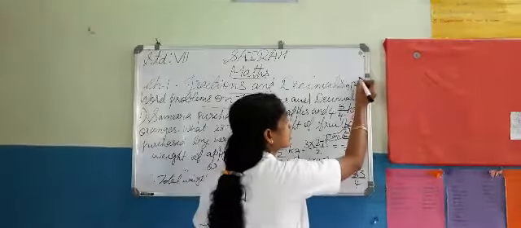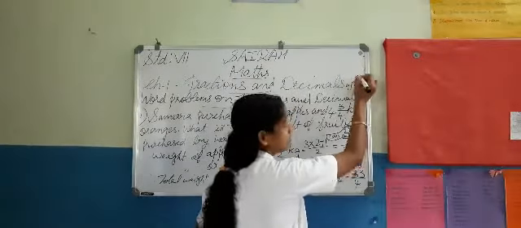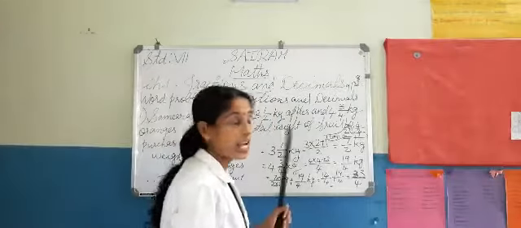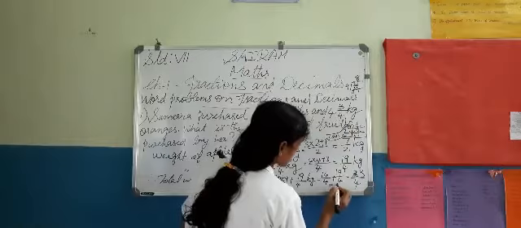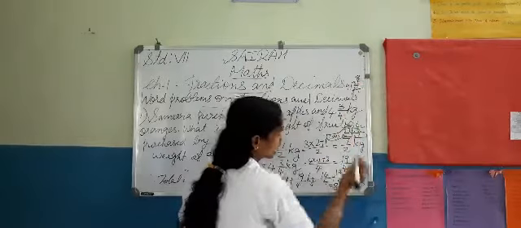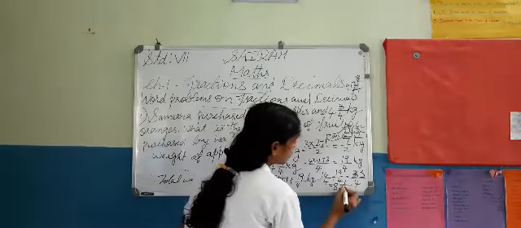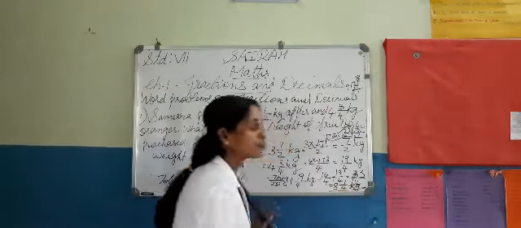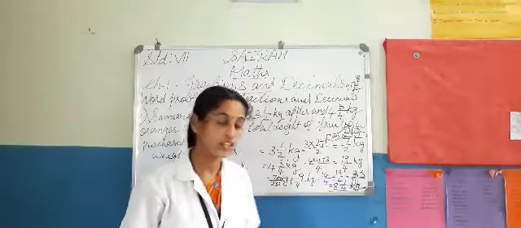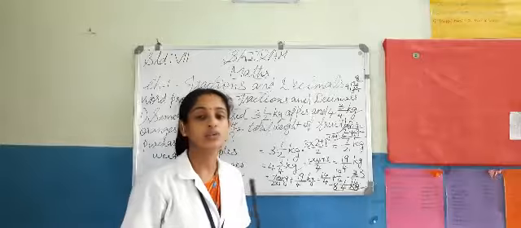In 33, how many times? 7, sorry, 8 we can take. 8 4s are 32. Then we get 8 as the quotient, with remainder over divisor, that is 8 1 by 4 kilogram. Here the total weight we get is 8 1 by 4 kilogram.